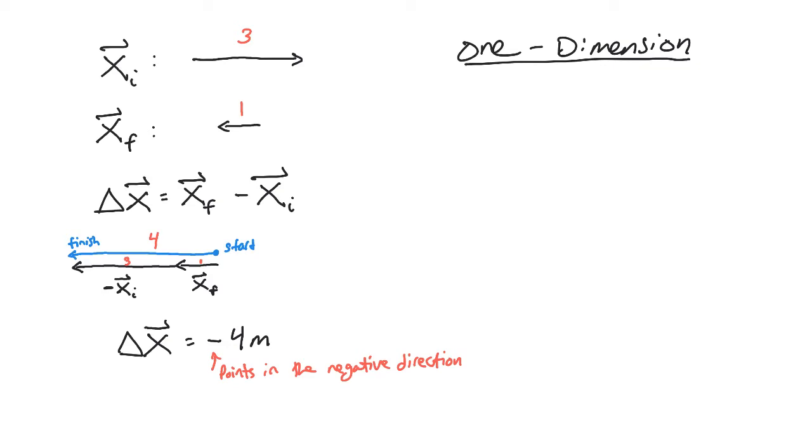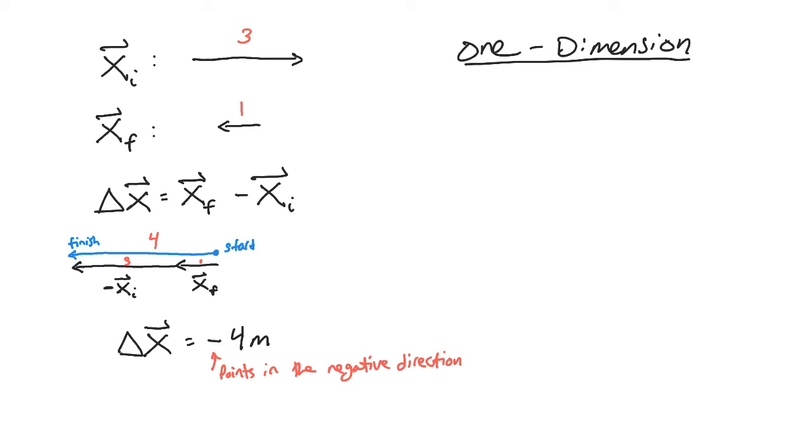But I do want to point out that when we are working in one dimension and we're doing these displacements and these subtraction problems, this notation here with all of these vector symbols above the quantities can get a little cumbersome. It can look visually intimidating, especially when you're first learning physics. So we tend to drop all of these vector symbols sometimes when we're working in one dimension and even two dimensions, as you'll see as we move forwards.